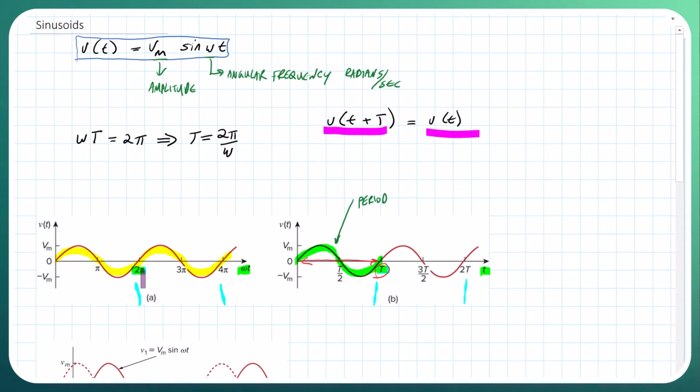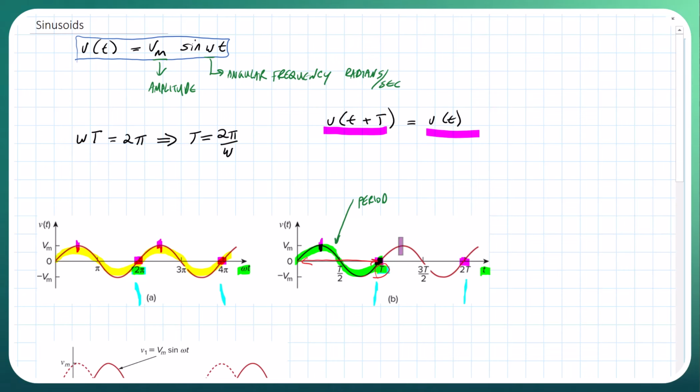So the value of our voltage at this point, for instance, is going to be 0. If you add another period, it's going to be 0. Again, here it's 0, and it doesn't have to be at 0. You can start up here at Vm, and then that period goes to Vm. The amplitude is going to be the same here.